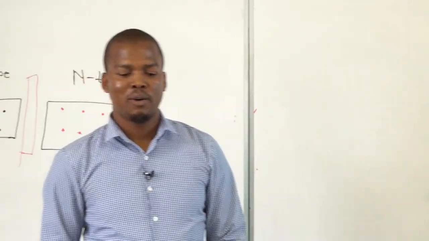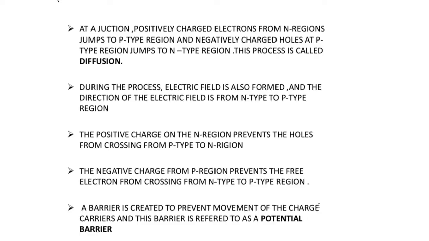Going forward with our lesson, at a junction, electrons from the N region jump to the P-type region, and holes at the P-type region jump to the N-type region. This process is called diffusion.